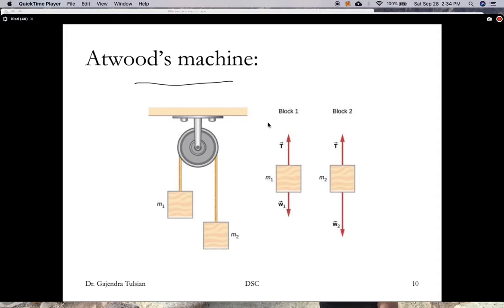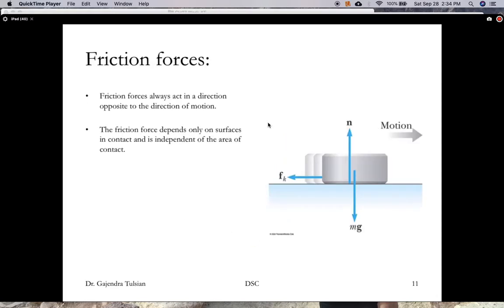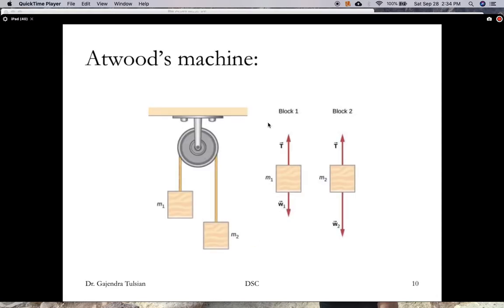Here's an Atwood's machine. Here's a device, again with massless, frictionless pulleys. Depending on the masses, if m2 is heavier than m1, the object will accelerate downwards for m2 greater than m1.